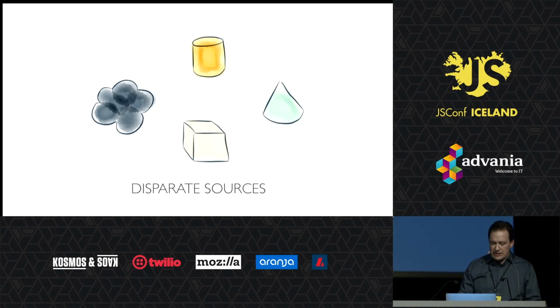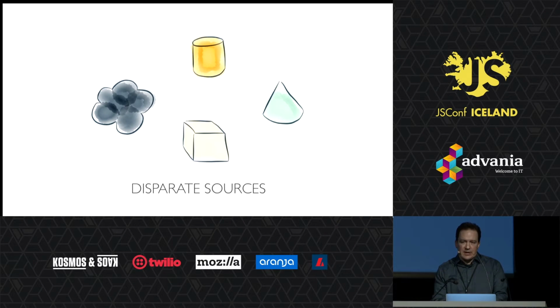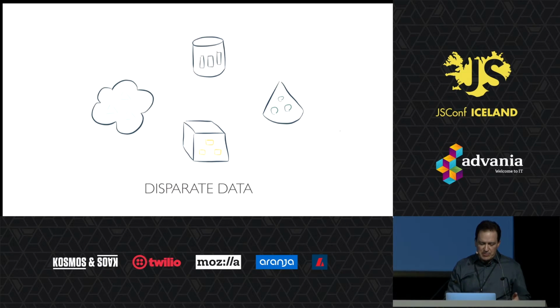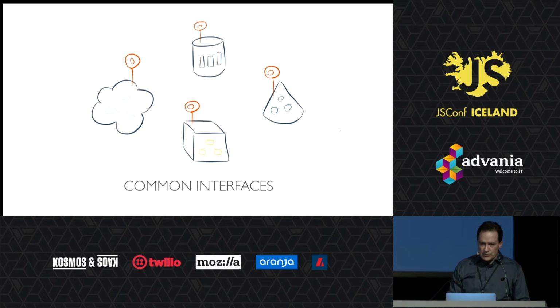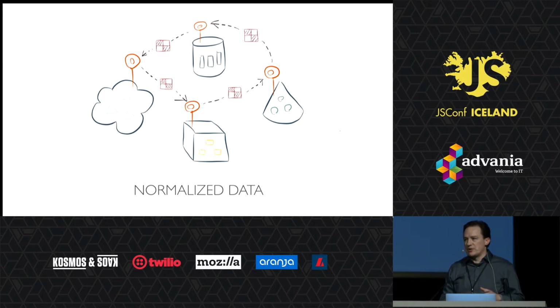So stepping back, sort of philosophically, Orbit considers all these sources of data that need to communicate with each other. And they all have different data in different forms. So we need to put common interfaces on them, and we need to normalize the data that flows between them.